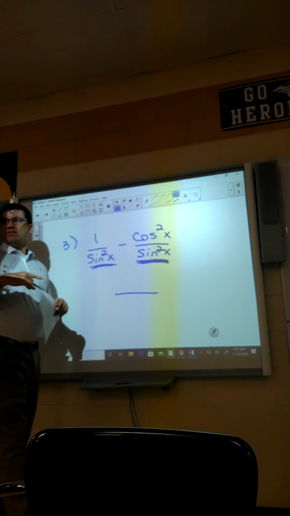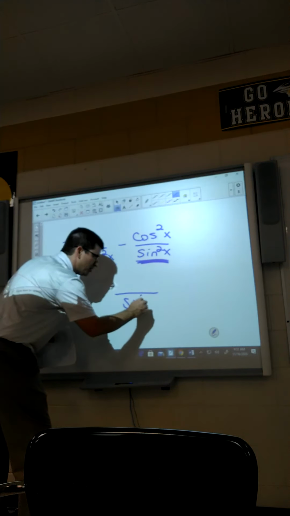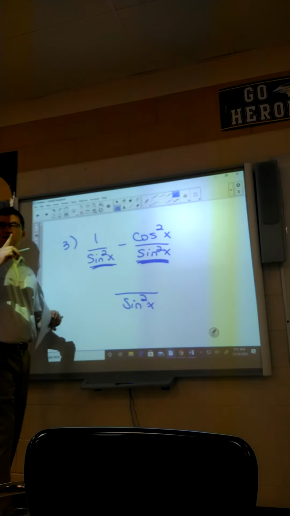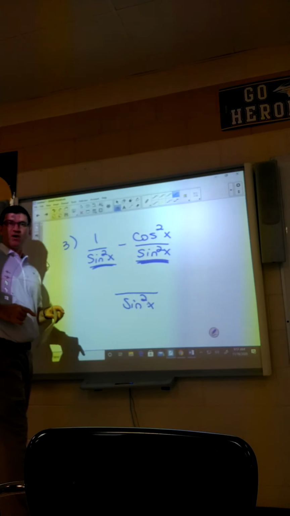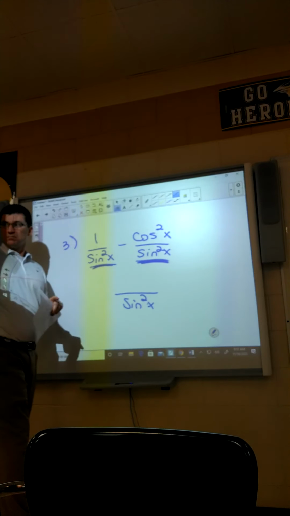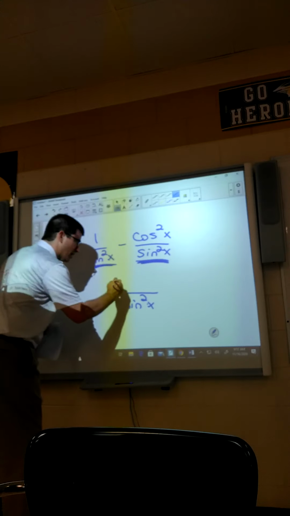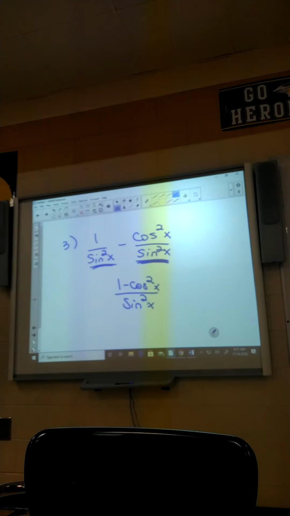Y'all see that? They already have a common denominator. So I'm just going to write sine squared on the bottom of one fraction, and I'm going to combine the tops of these fractions into the top of one fraction. I can do that because I had the same thing on the bottom. So y'all need to write down 1 minus cosine squared up top. All right, write that down.